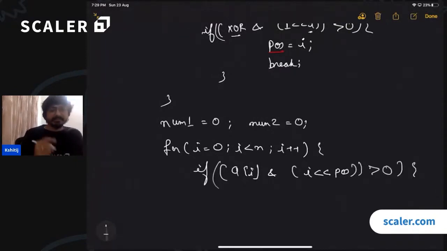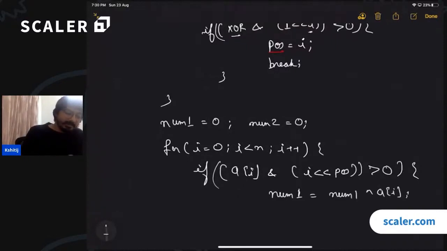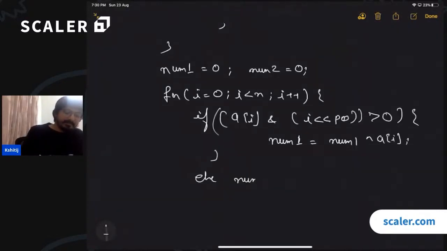If this is greater than 0, this means that the number has got a set bit here. So keep the XOR in num1. Else, what can we do? Else we can say num2 is equal to num2 XOR a of I.